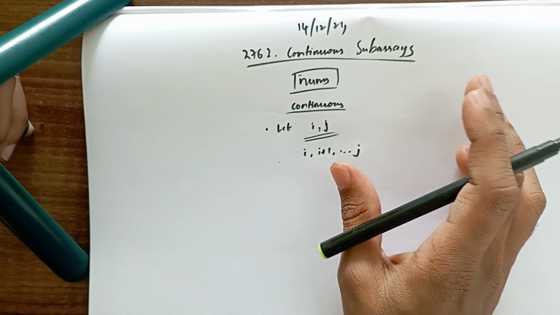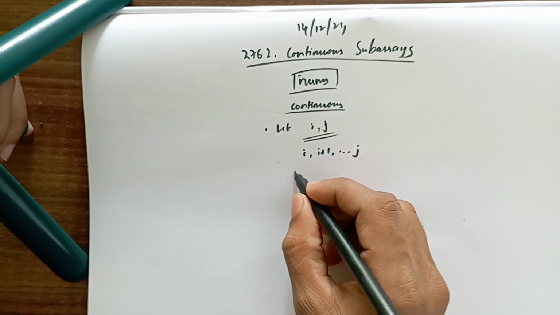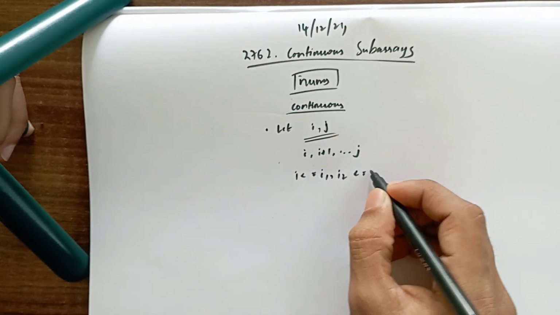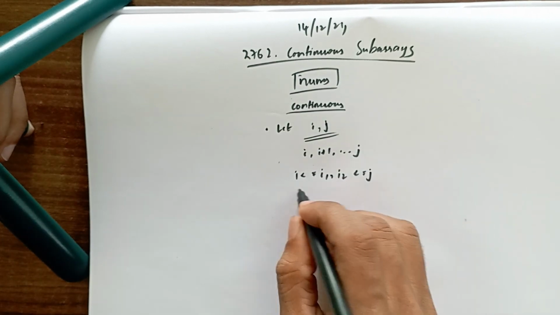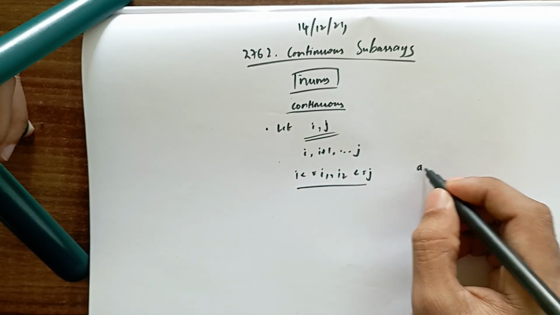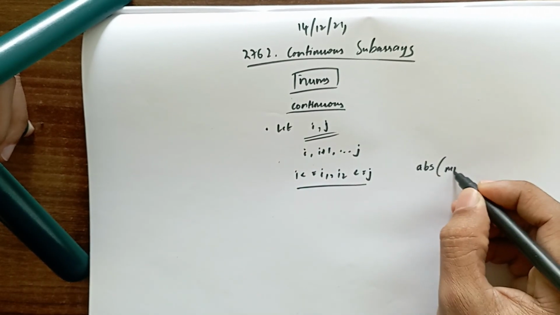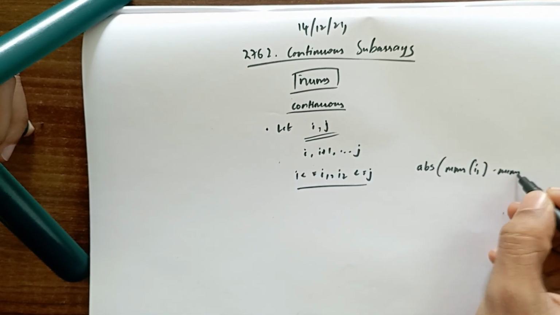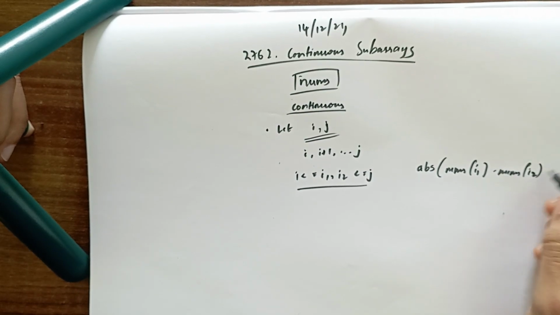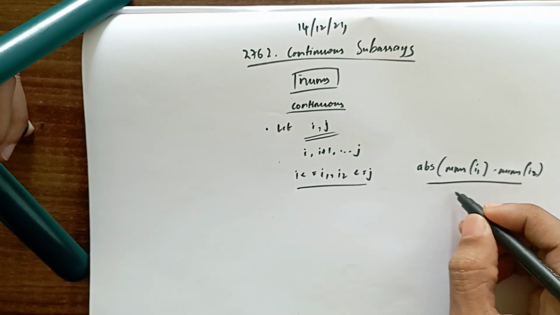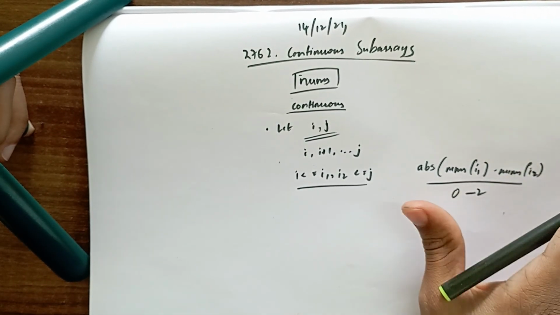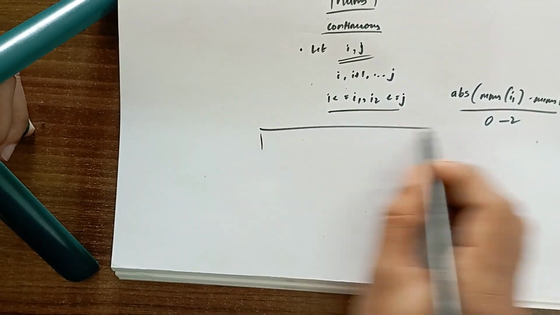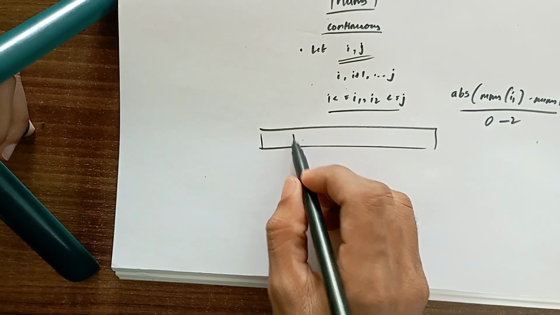Now, for each pair of indices i1, i2, where i is less than or equal to i1, i2 is less than or equal to j, the absolute difference of nums of i1 minus nums of i2 should be in the range 0 to 2. That means, in simple words, we are given nums.